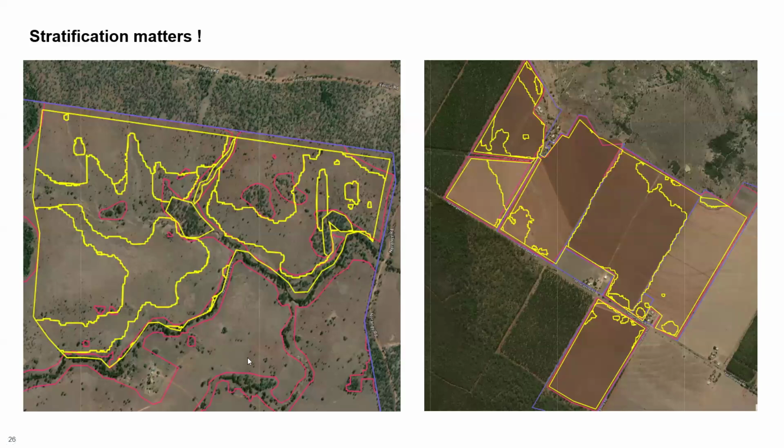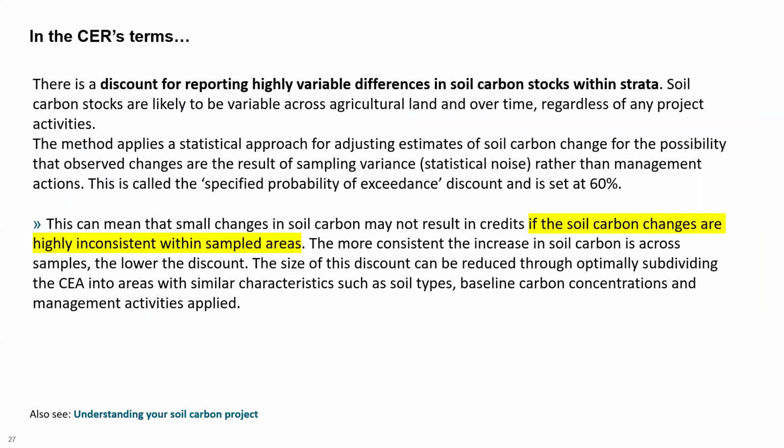Stratification. As I said, that is probably the second most important thing that can influence the results of your soil carbon. Why? Because, as you'll see, I think I've got it in the next slide. Yeah.